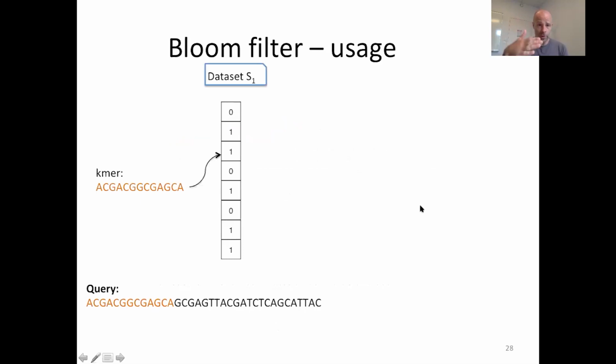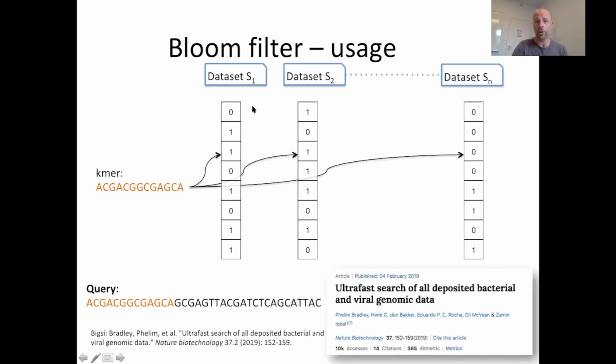In practice, if we come back to our problem, if you only have one dataset, you create its Bloom filter, and when you make a query, you query all the kmers, and so you can know which kmers were present in your dataset. If you have several datasets, you create one Bloom filter per dataset, and when you make the query, you can query them if the Bloom filters have the same length.